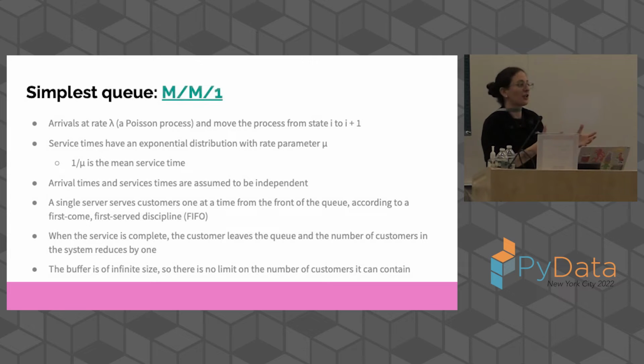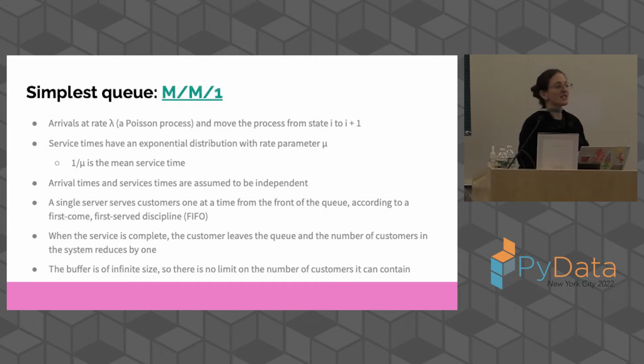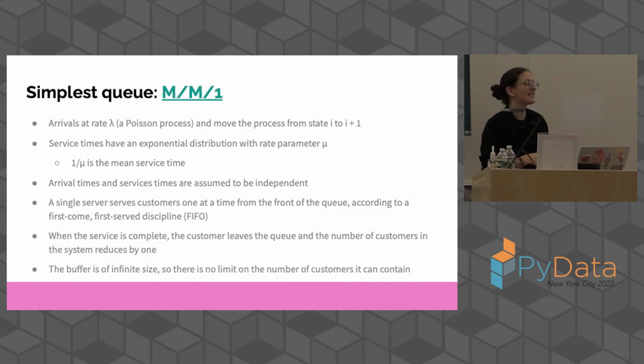Maybe if it's a human doing that service and there are other frictions that happen. If you have 100 people in your restaurant and we can't seat people around them, then it wouldn't be fair to assume that they're independent. But maybe if it's machines that are doing the service, then we can assume that they're independent.